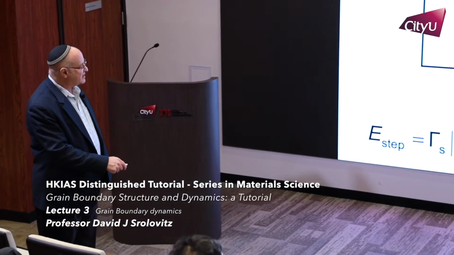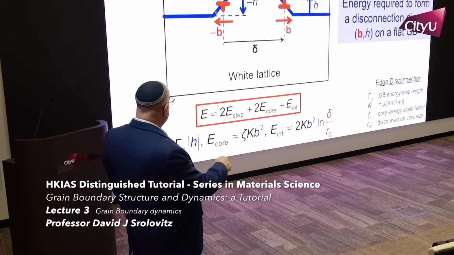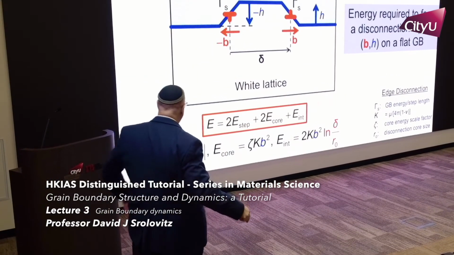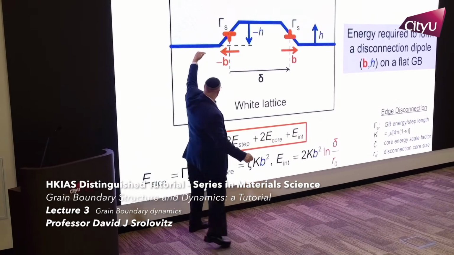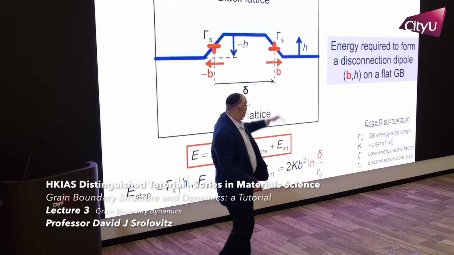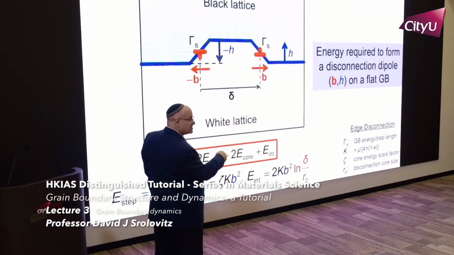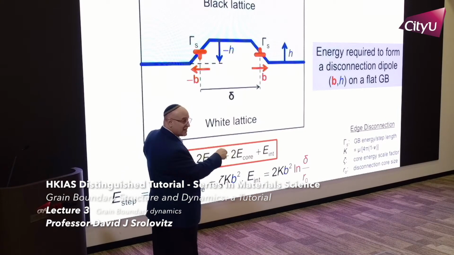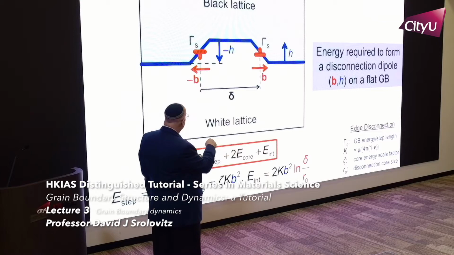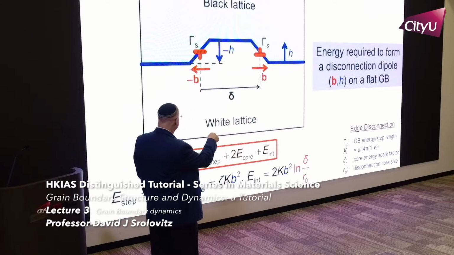The first part is a step energy, and it's proportional. So, by the way, this keeps going out in this direction here, right? So this grain boundary is now longer, or has a larger area than when it was flat. So the grain boundary area is larger by an amount that's proportional to the step height h.